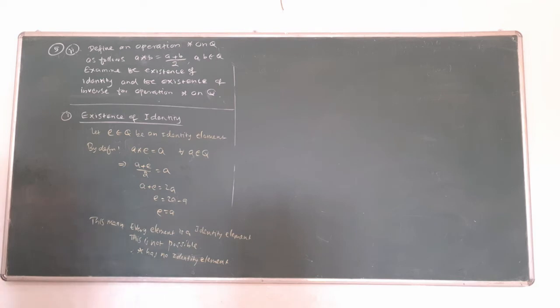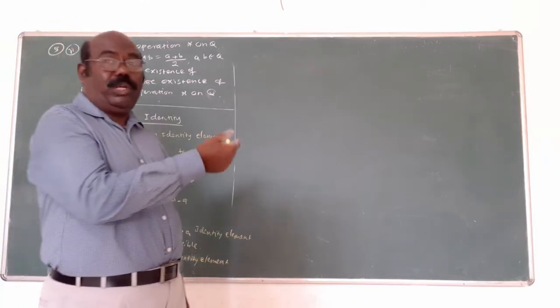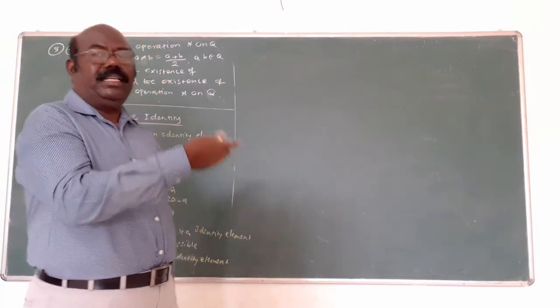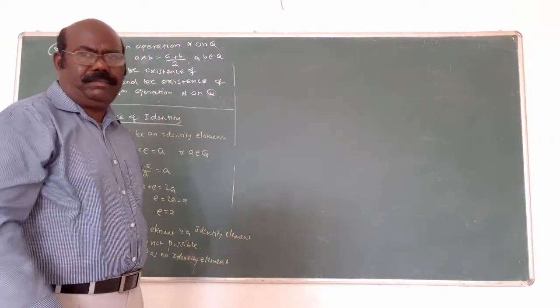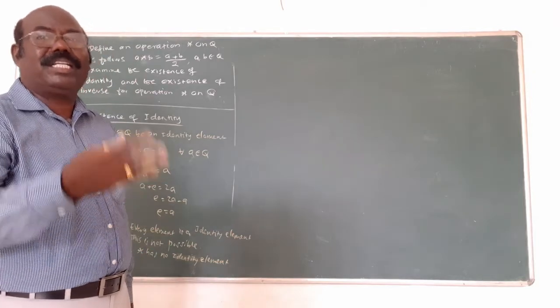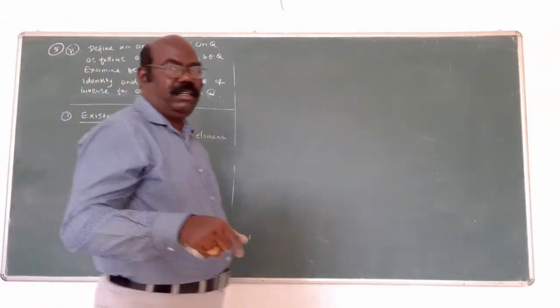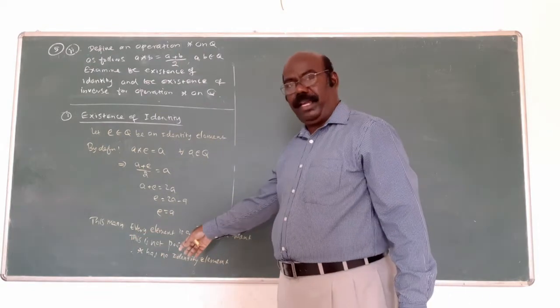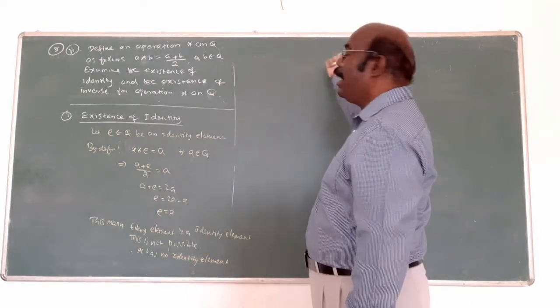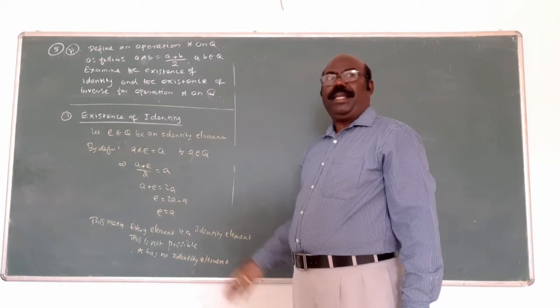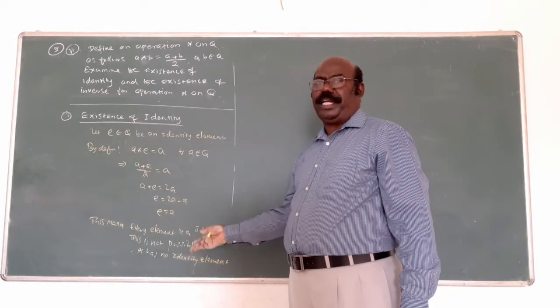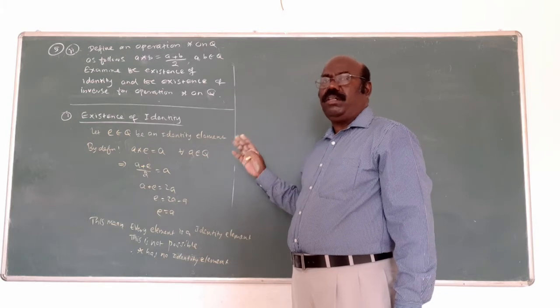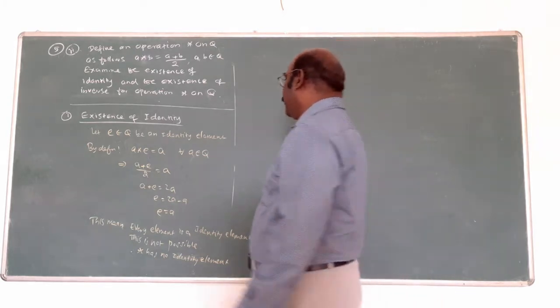Next one is what? Existence of inverse. Suppose you find the inverse by using the identity element only; you get the answer. But the identity element is not possible, therefore the inverse is also not possible. To find the inverse, suppose you get some identity element, by using that element only you get the inverse. But the identity element is not possible to get. That's why the inverse is also not possible. That is the answer.